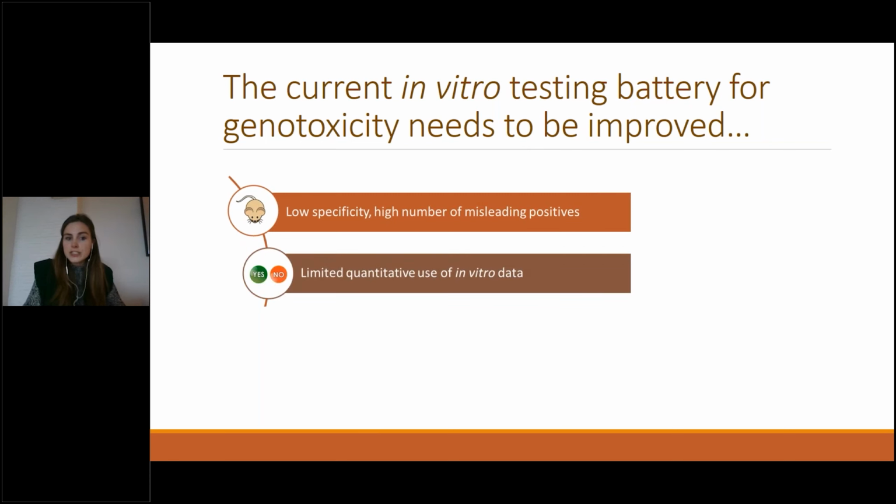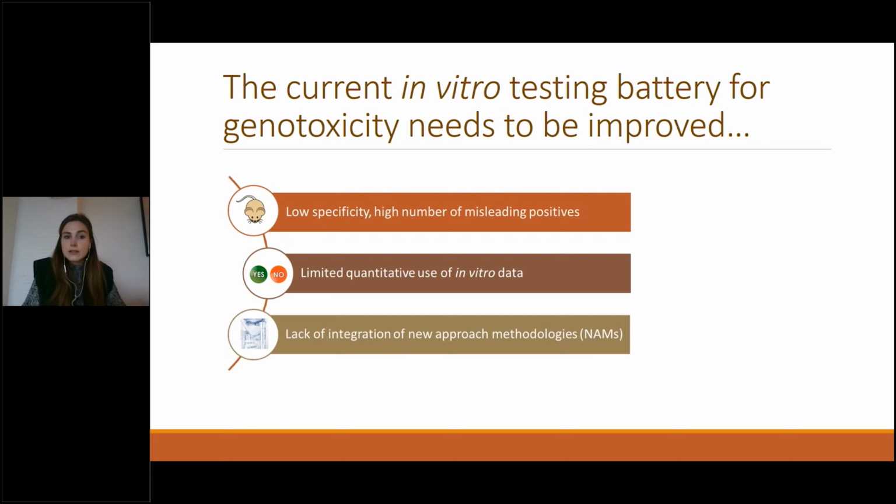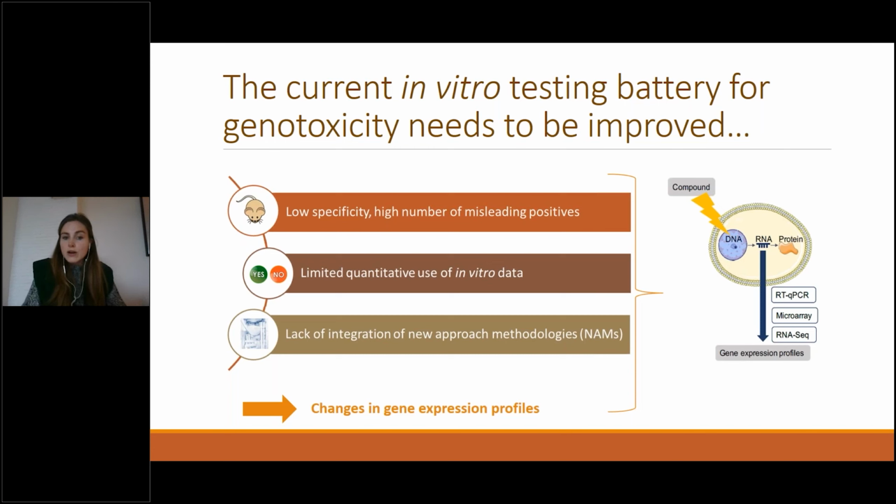A second limitation is the limited quantitative use of the in vitro data. At this moment, the in vitro genotoxicity data is primarily used in a qualitative, binary way for hazard identification. A final limitation is a lack of integration of new approach methodologies. One interesting domain of new approach methodologies is assays that evaluate the changes in gene expression profiles after exposure to a chemical of interest.